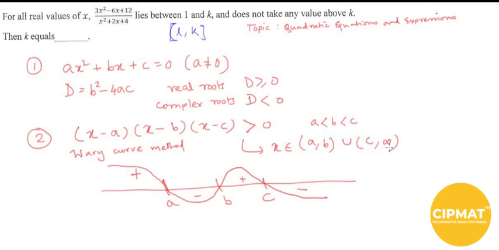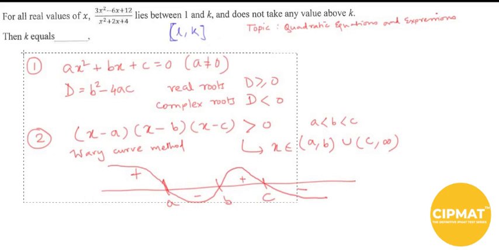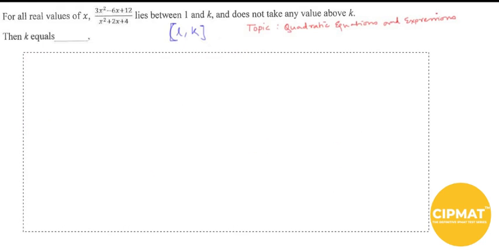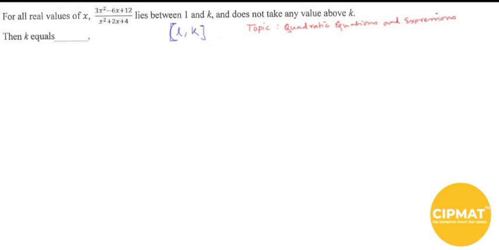Let's see how we can solve this question. First of all, let me clear my area. Okay, so let's consider y as this expression, that is 3x square minus 6x plus 12 divided by x square plus 2x plus 4.